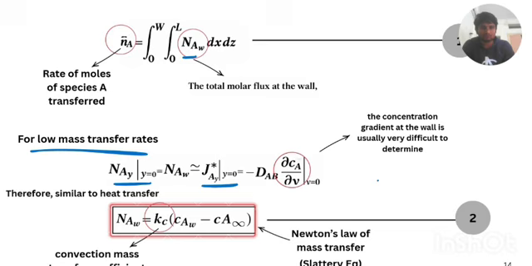To account for the experimental observations, we take the help of Newton's law of mass transfer or the Slattery equation. According to the Slattery equation, NAW equals Kc times CAW minus CA infinity, where Kc is the mass transfer coefficient.